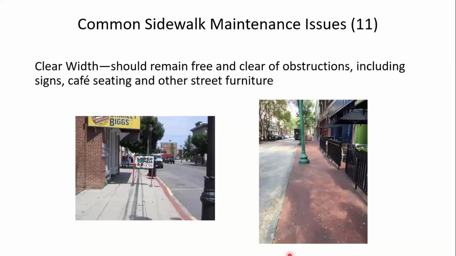But that needs to remain free and clear of both permanent and temporary obstructions. Notice on the left here, the pizza shop, I think they put this sign out every day and maybe take it in at night. But notice in its position here, it is essentially blocking the sidewalk. There may be 4 feet here, but it would be better maybe if it was moved closer to the street. And also, this design appears to be a protruding object issue.